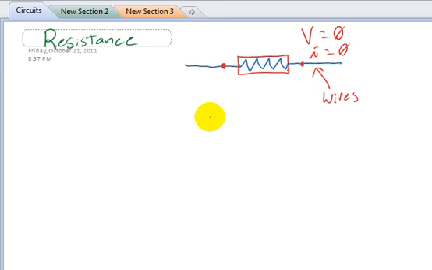A resistor depends on material and geometry.